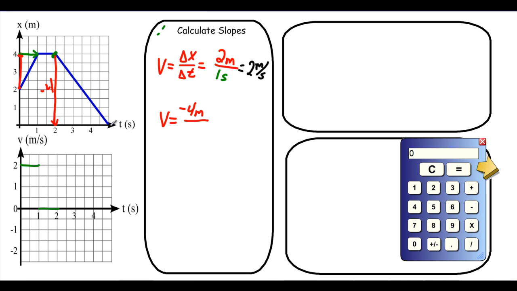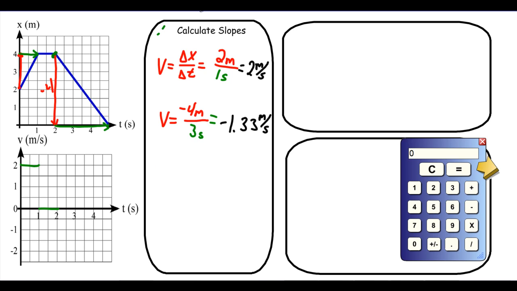I start at 2 and I go to 5, and I'm going in the positive direction, so that's going to be 3 seconds. If I do the math here, I'm going to get a negative, because of the negative sign, 1.33.